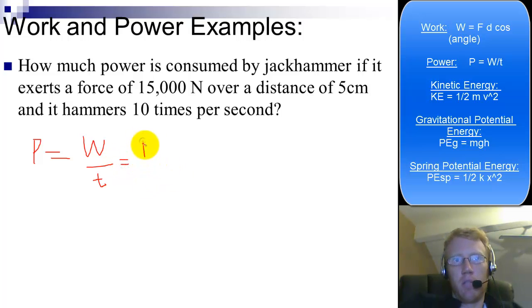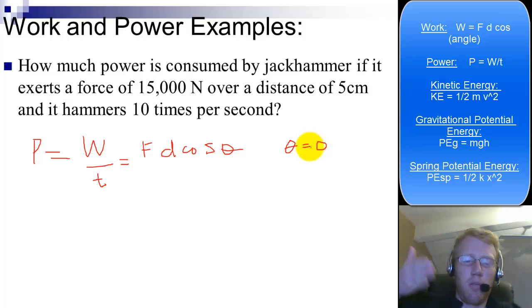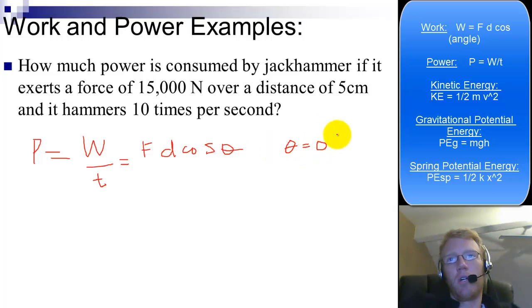So work is force times distance cos theta, but we're going to assume here theta equals 0, and that's not explicitly stated in the problem, but frequently if the force is being applied directly onto something, it's in the same direction that the object is moving, because it's a jackhammer, that's what's hitting the ground. So this is often the case even if it's not stated.